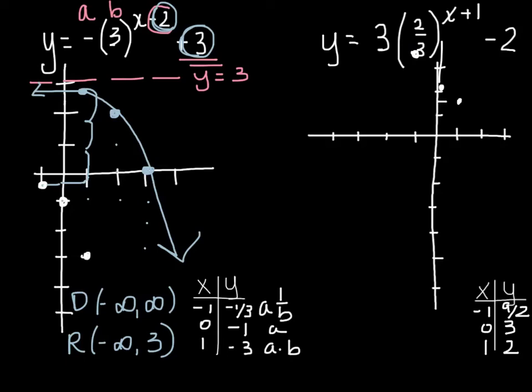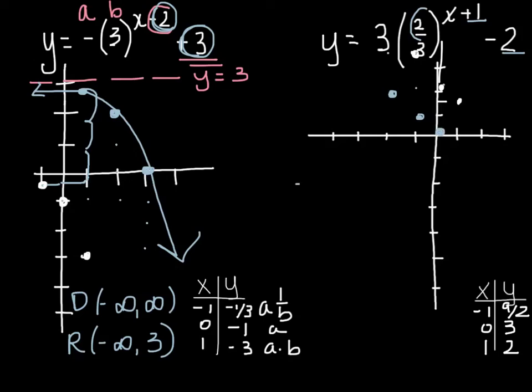Okay, I can tell by my B, don't forget that your B tells you if it's growth or decay. I can tell by my B that this is decay. I'm going to take each X and I'm going to go backwards 1 and down 2. Backwards 1 and down 2. Backwards 1 and down 2.